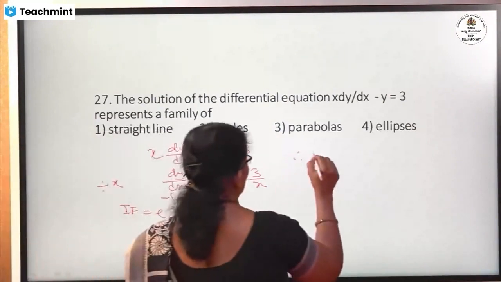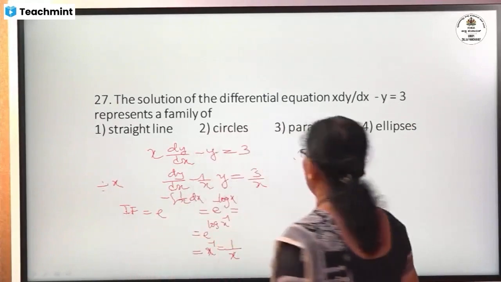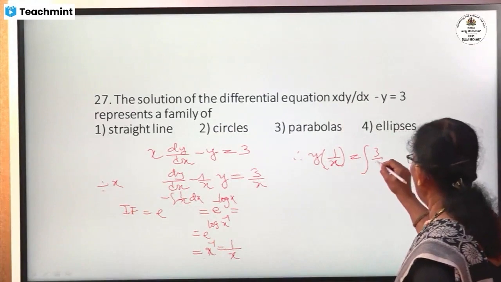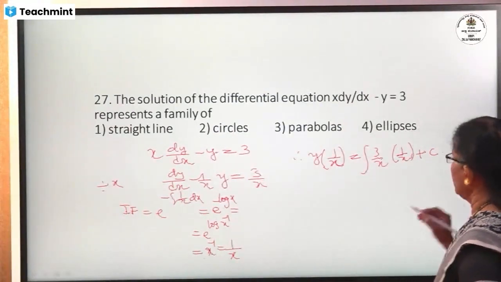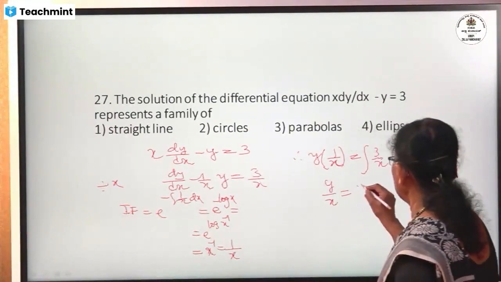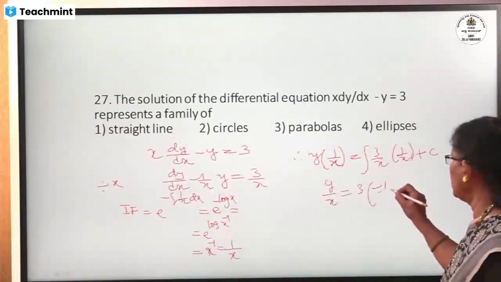Therefore, the solution is y into integrating factor equal to integral of q into integrating factor plus c. So this is y by x equal to integral of 3 into 1 by x squared. What is the integral of 1 by x squared?